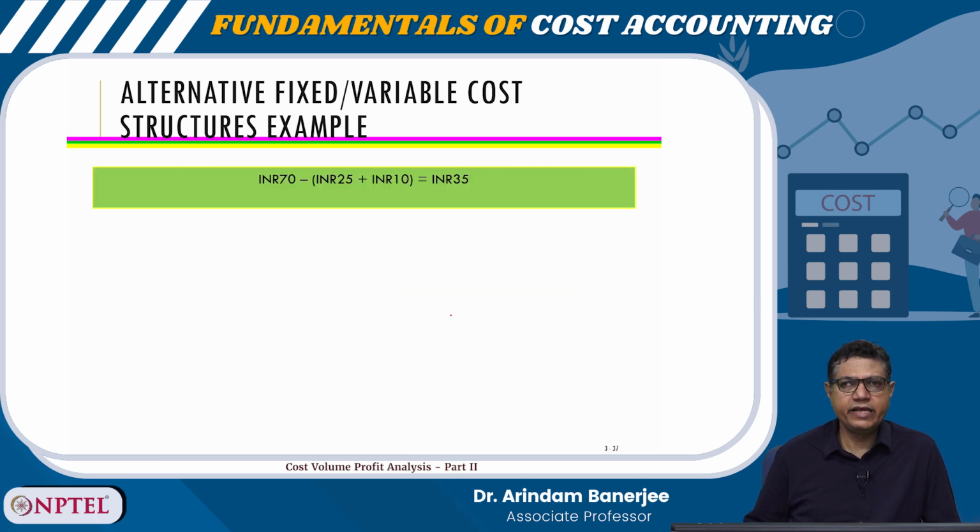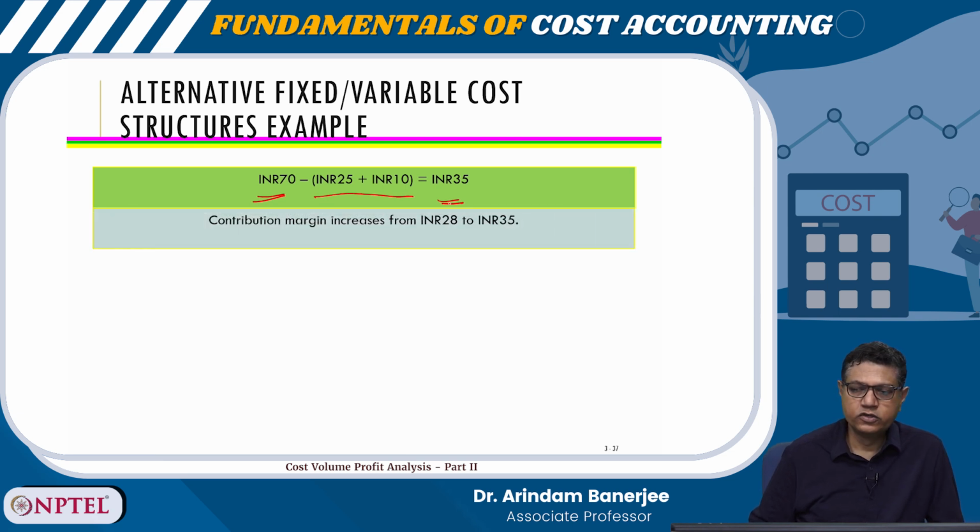INR 70 original selling price, INR 70 minus INR 25 minus 10, so INR 35. So, the contribution margin is increasing now. Earlier the contribution margin, you should remember, was 28, now it is increasing to INR 35, right.